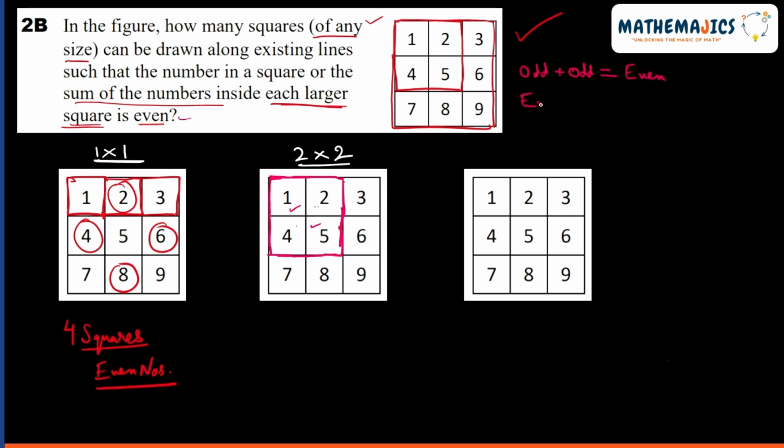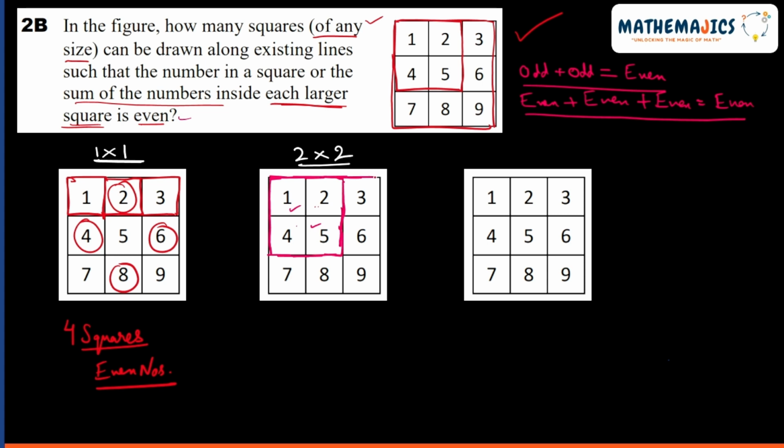Similarly, if we add any number of even numbers, 2 or 3, we will always get an even number. So I'm using this concept to say that the sum of all these four numbers inside this pink square is even. Similarly, we can draw more 2 by 2 squares.